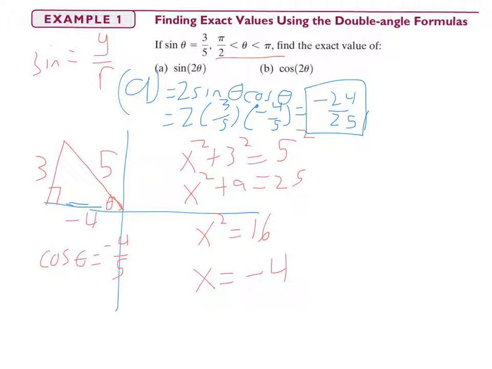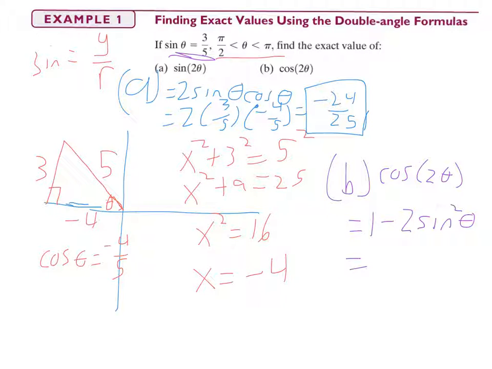Now, for part B, cosine of 2 theta. It doesn't matter which formula you use. You notice you're given 3 different formulas. You could use any of them. Since we were given the sine originally, I'm just going to use 1 minus 2 sine squared of theta.